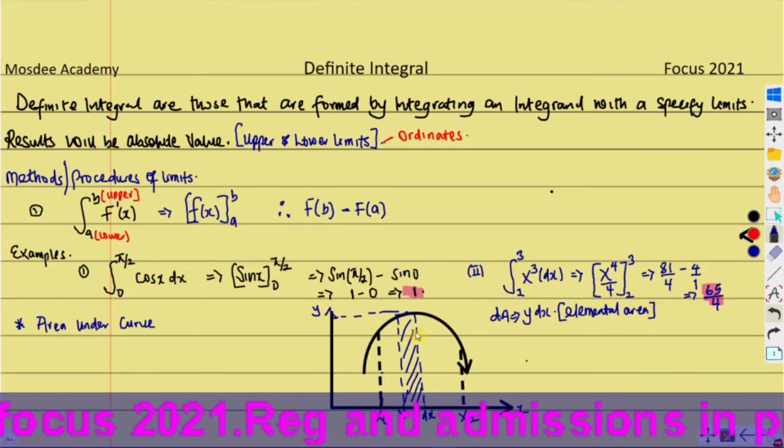Now, having gotten that, to get the total area of this whole shape, I am taking the point from the beginning of the curve.